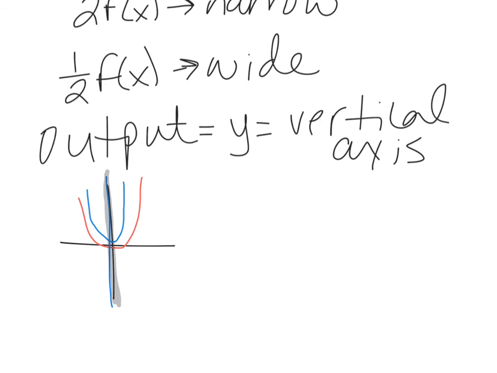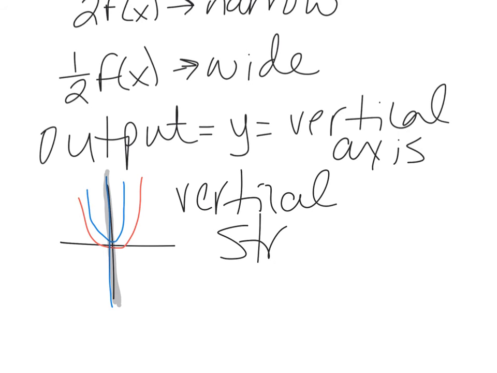I am stretching this function out along the vertical axis, so it's coming closer to the y-axis. I am moving away from the x and stretching it along the y. So this is called a vertical stretch, because I'm only looking at what's happening along the y-axis, so I'm stretching it out there.